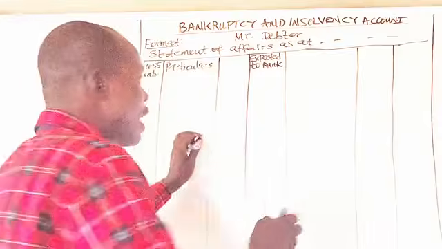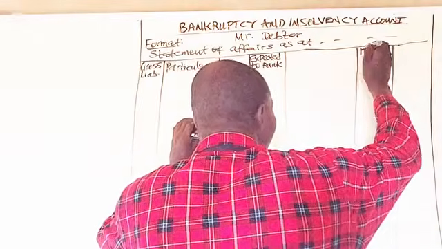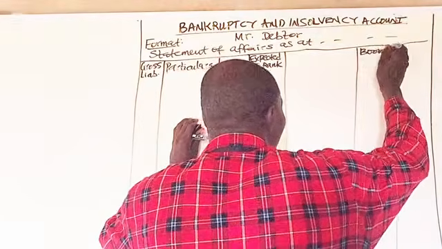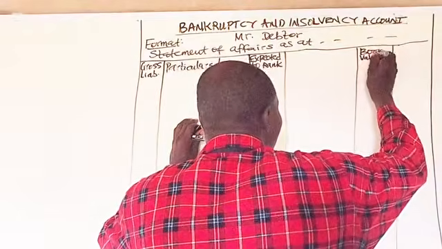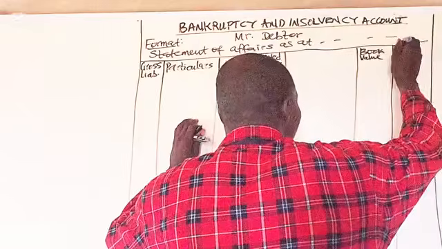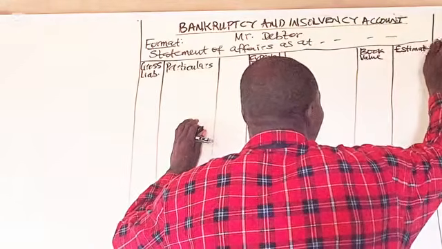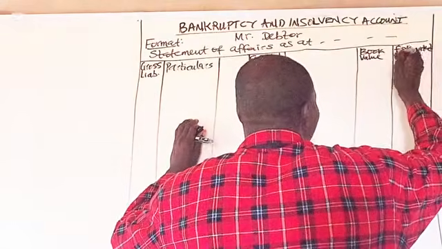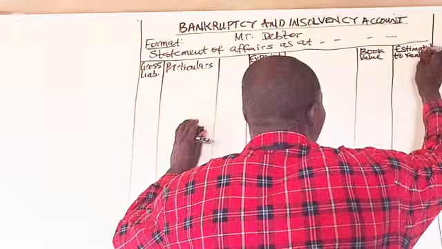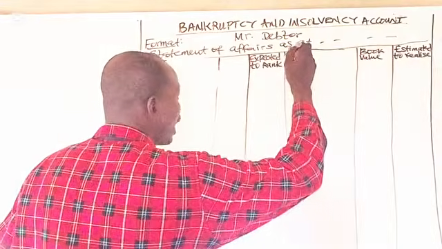So we have the book value of the asset, then we have estimated to realize. This is the asset side.